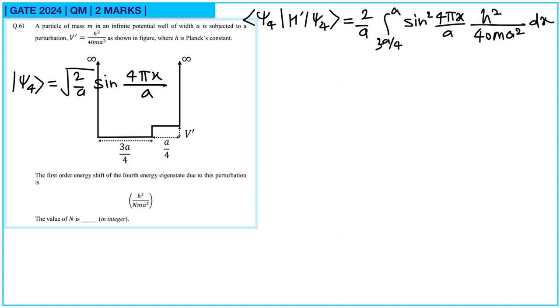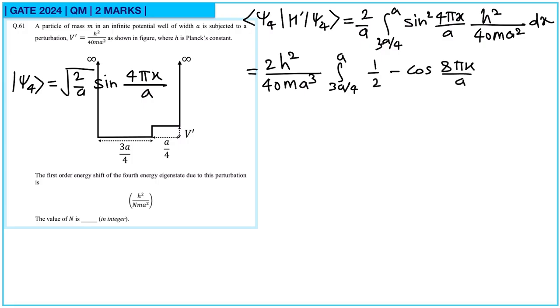So this is equal to, we have these constants outside, 2ħ square upon 40 m a cube now. And integration is from 3a by 4 to a, and the sine square function can be written as 1 by 2 into 1 minus cos of 8 pi x by a, this whole thing, into dx.